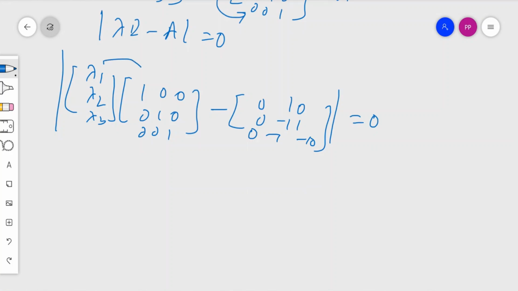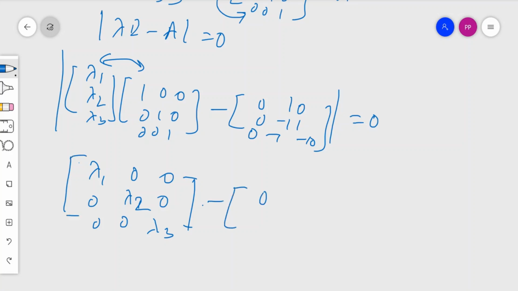So these two when multiplied will give a matrix with lambda 1, lambda 2, lambda 3 on the diagonal, minus the other matrix. Then we take the determinant equal to 0.